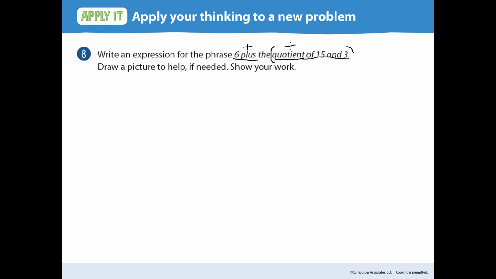That tells me we're going to be doing that first in our problem. So we have 6 plus, we're going to find the quotient of 15 and 3. So 6 plus 15 divided by 3. Now it does not say evaluate, so you don't even have to solve these.